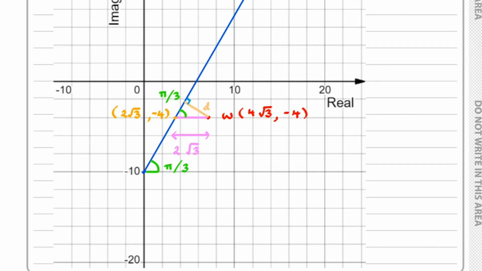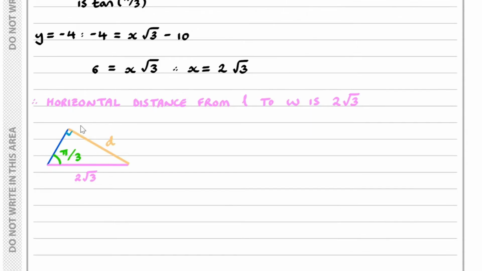Let's redraw this triangle. So with this right-angled triangle, we've got the hypotenuse, we've got the opposite, the minimum distance D, that's equal to 2 root 3 times the sine of the angle pi over 3, and it turns out the minimum distance is equal to 3.